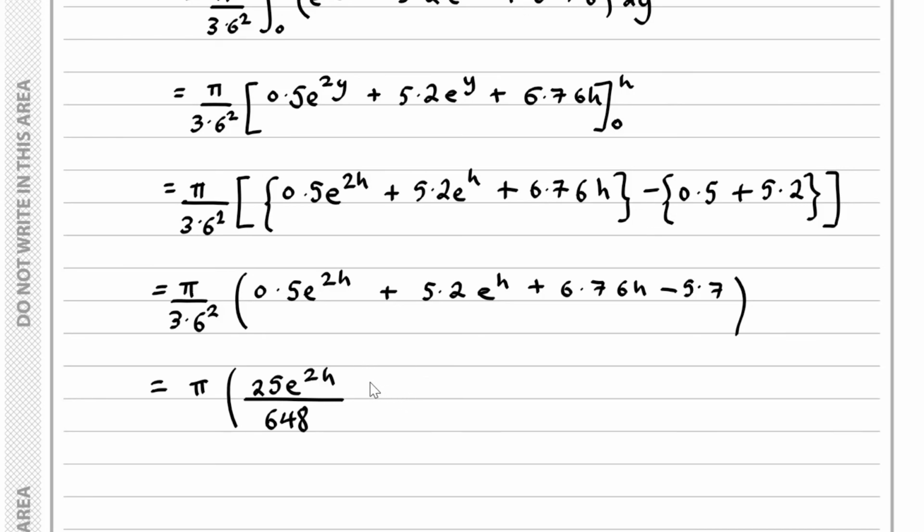That would be 65 e to the h over 162. And then we have 1 over 3.6 squared multiplied by 6.76. That would be 169h over 324. And then we have 5.7 multiplied by 1 over 3.6 squared, which is 95 over 216.